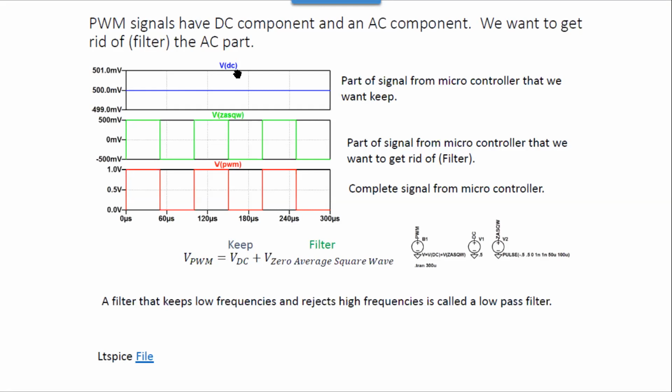If I have a DC of a half a volt, and then a peak-to-peak volt square wave centered at 0, and I add them together, there is my 50% duty cycle square wave. Usually you don't make the DC, make the square, and then add them together. You just use a pulse. So this is what's coming out of your microcontroller, and you want to get this part. It's very similar to the example we did before.